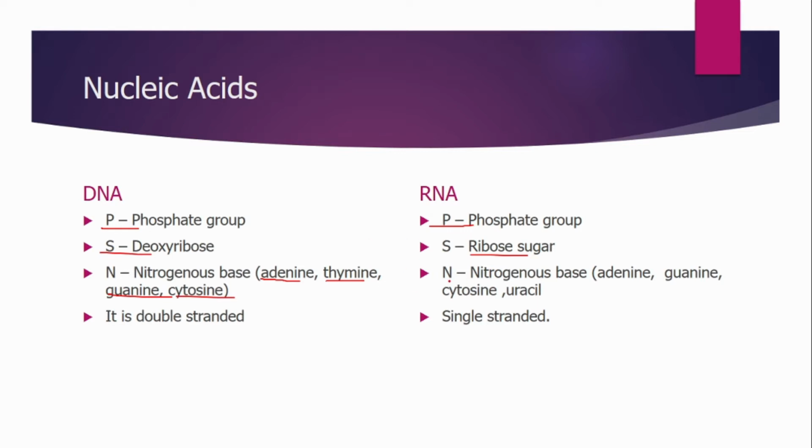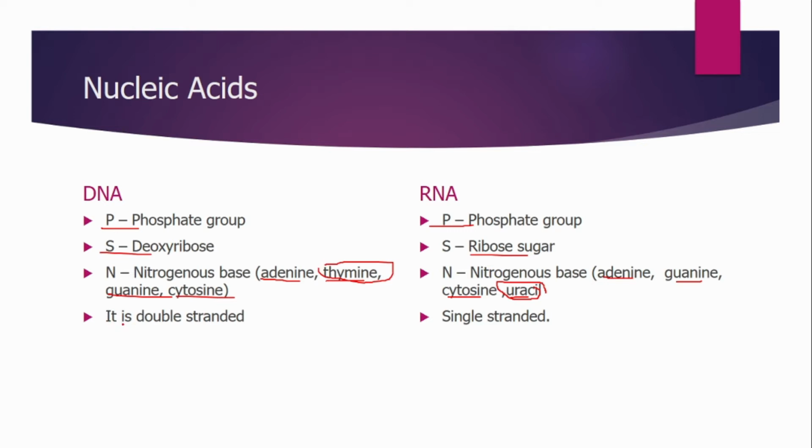And the nitrogenous bases found in RNA are adenine, guanine, cytosine, and uracil. So the different nitrogenous base is uracil in RNA and thymine in DNA.